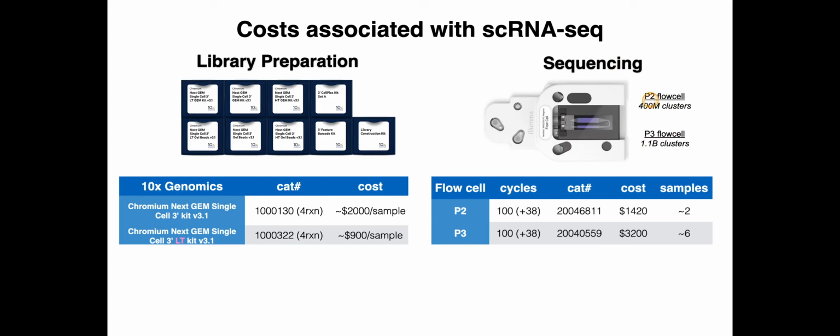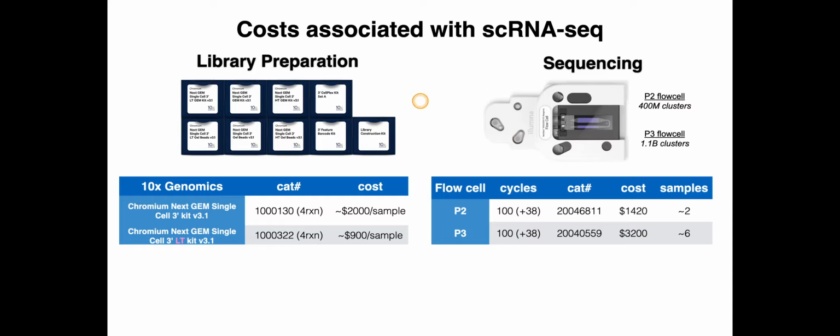So this lets us profile a small number of samples by single cell or a larger number of samples. The complications in estimating costs for single cell RNA sequencing is that it depends on how many cells we encapsulate, it depends on how deeply we sequence each cell, and it depends exactly on the kind of library we're making and on the kinds of consumables we use on the sequencing end.